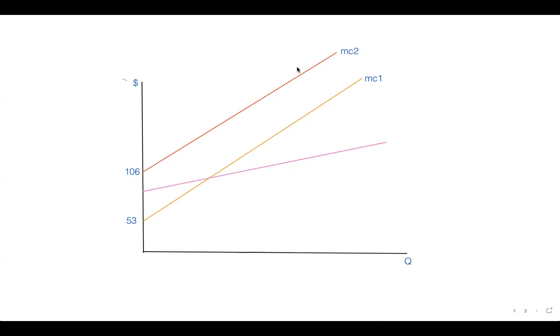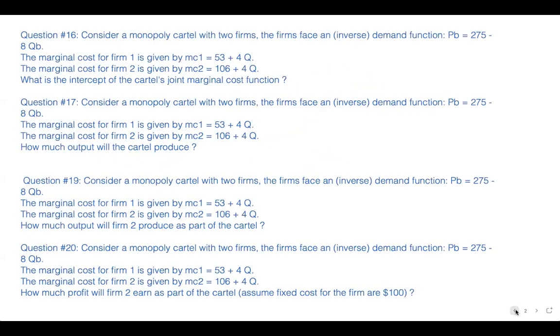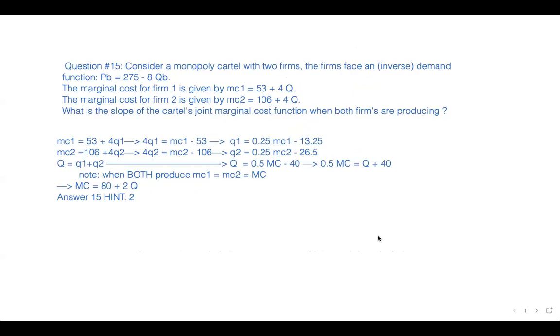And so its intercept is going to be here at 80. And notice, hopefully, everything that I've illustrated, and I'm not even going to call it the joint marginal cost function, because again, I don't want to create a problem. But you see, this is what I graphed, Scott. Does that make sense?